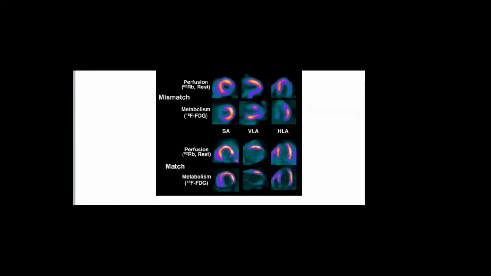So don't focus on normal myocardium. Focus on abnormal perfusion and compare the abnormal perfusion in the perfusion map with abnormal metabolism in the metabolism map. Here you just compare this lateral wall. I'm so sorry, I don't know why it's not working.